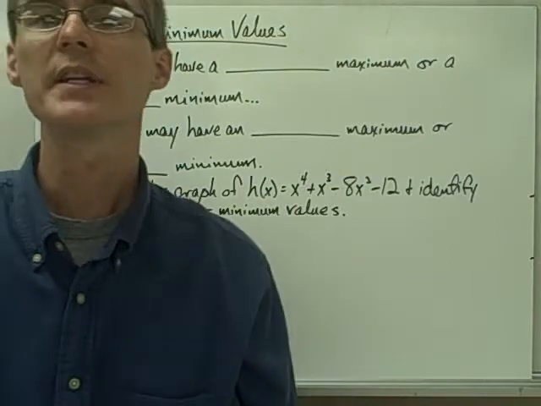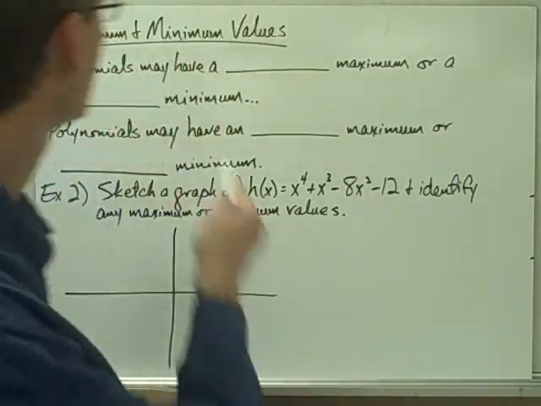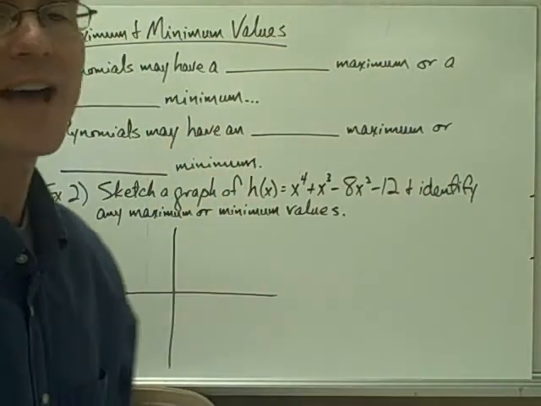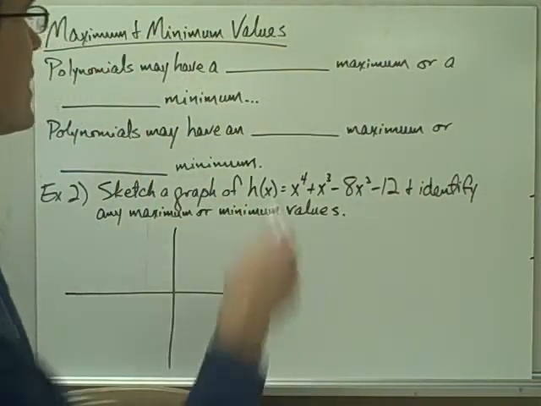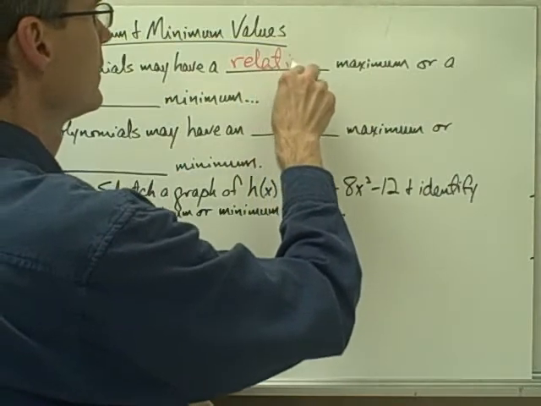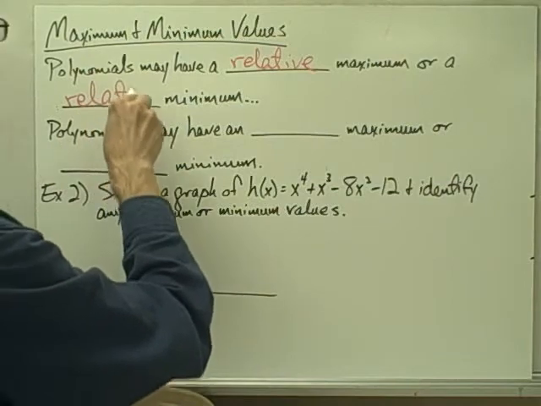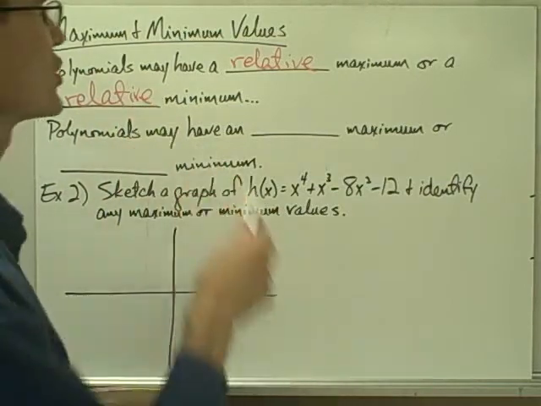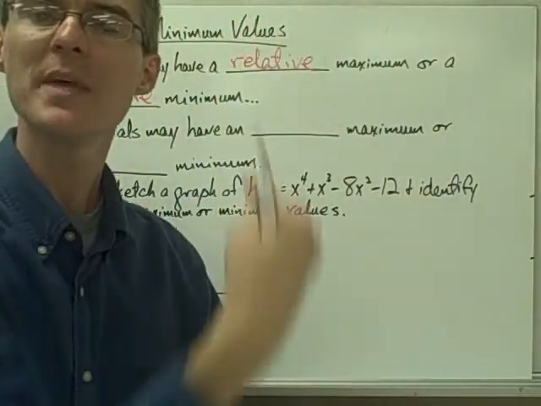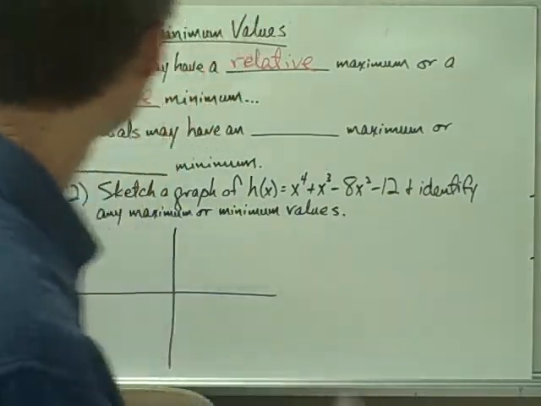Now, one other characteristic, I guess you could say two other characteristics of polynomial functions are what we call maximum and minimum values. Polynomials can have a relative maximum or a relative minimum, which just means a maximum or a minimum value within a certain range of x values.